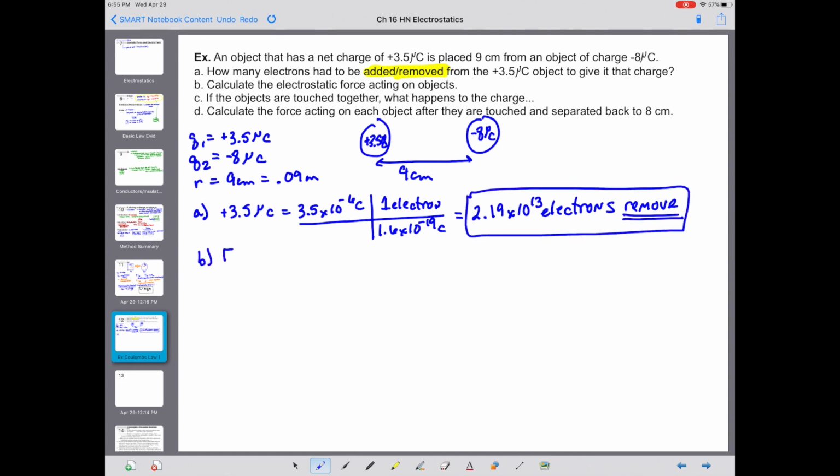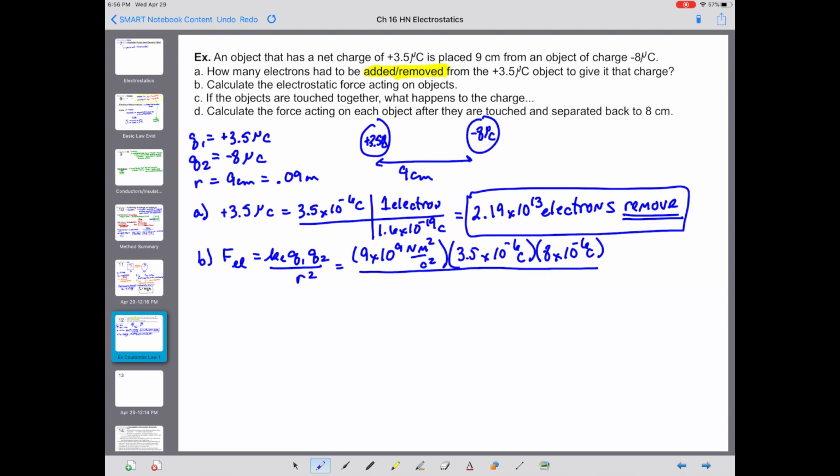Part B, calculate the electrostatic force, Coulomb's law, K Q1 Q2 over R squared. So then our K value, that's the 9 times 10 to the 9th Newton meter squared per Coulomb squared. Our two charges, 3.5 times 10 to the negative 6 coulombs and 8 times 10 to the negative 6 coulombs.